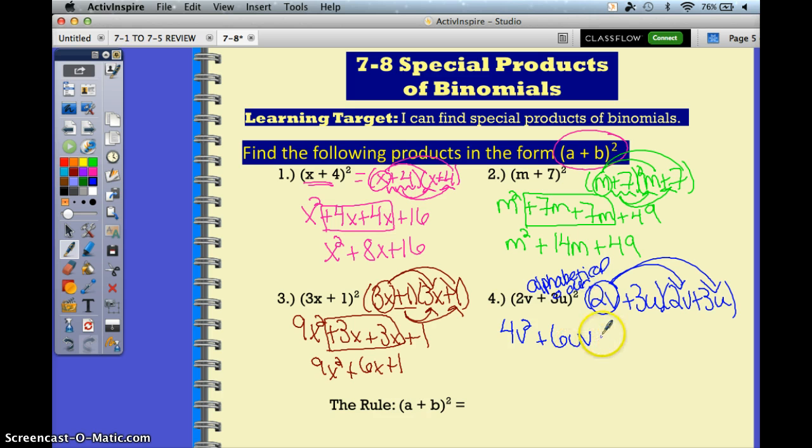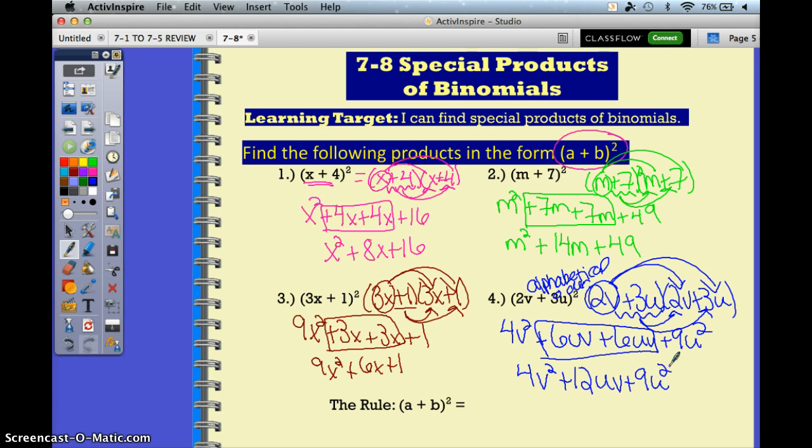That's how we got the uv. Plus, when we distribute our positive 3u times 2v, we get 6uv. 3u times 3u is plus 9u squared. Combine your like terms, and you get 4v squared plus 12uv plus 9u squared.